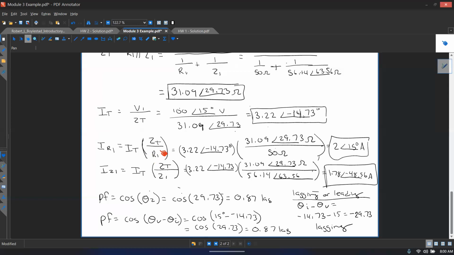In this case, we wanted to do it for the branch that has R1 in it. And so once you plug those values into your calculator, you get 2 at an angle of 15 degrees amps.